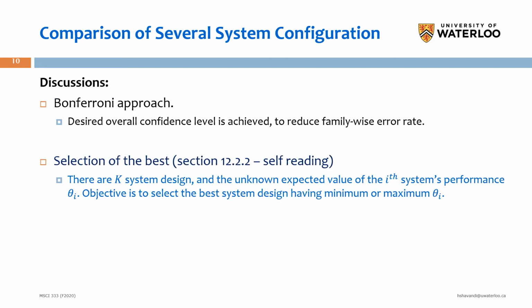So as a discussion, in the Bonferroni approach, we consider a desired overall confidence level in order to reduce the family-wise error rate. Okay, and in section 12.2.2 in the textbook, you can find an approach to somehow optimize the system configuration.